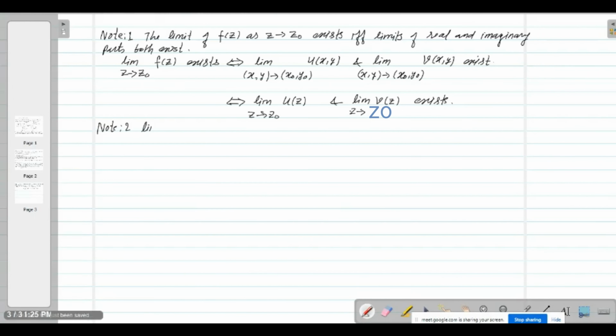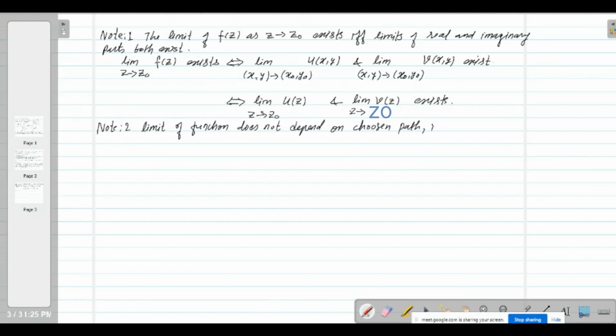Also note number 2: if the limit of the function depends on the path, then the limit does not exist.